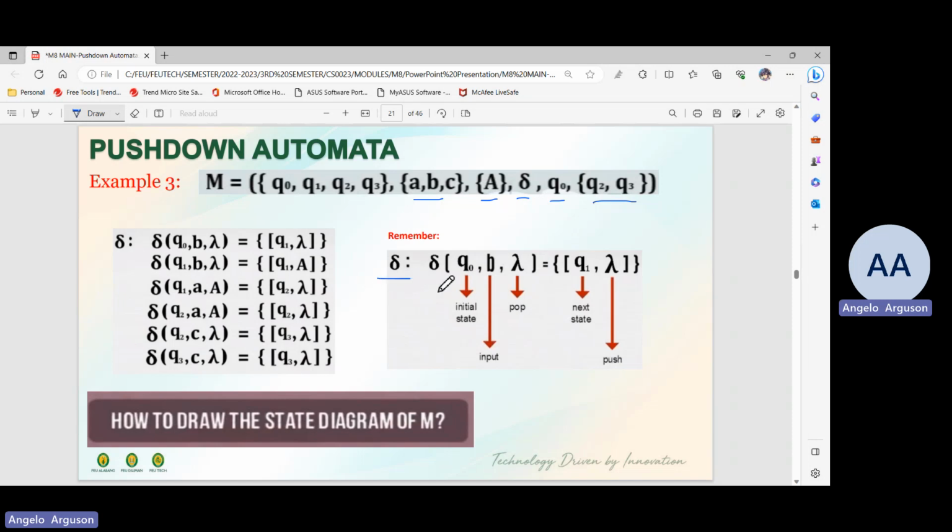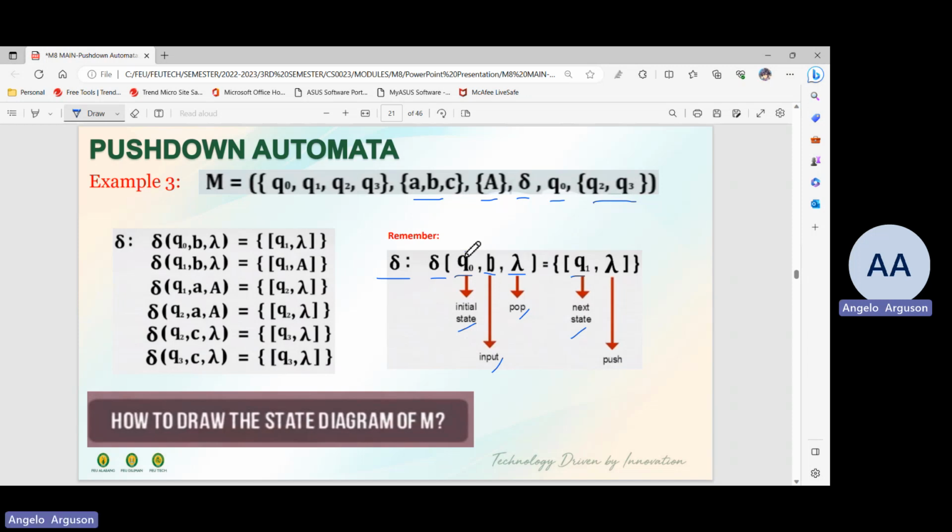We have the transition function. The first parameter we will think of as the initial state, the second parameter refers to your input symbol, and the third parameter is the one that you will pop from the stack. Another parameter on the right-hand side, Q sub 1, refers to your next state.